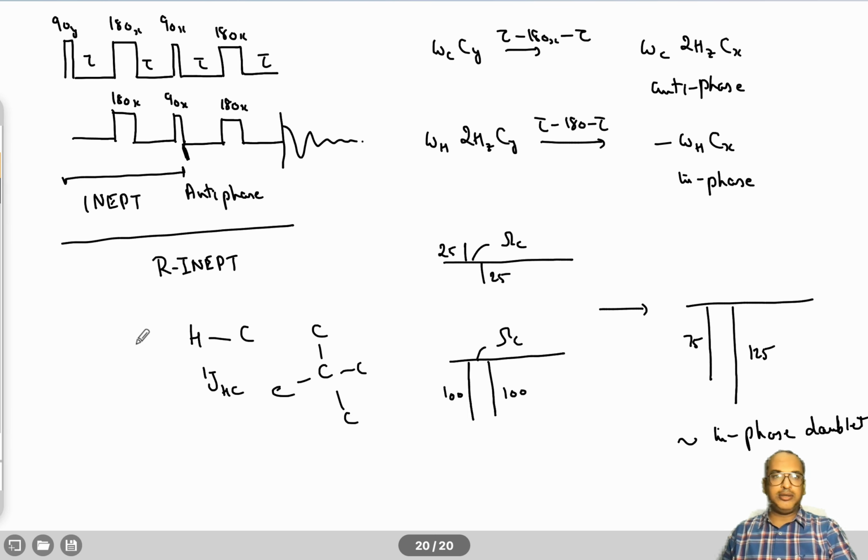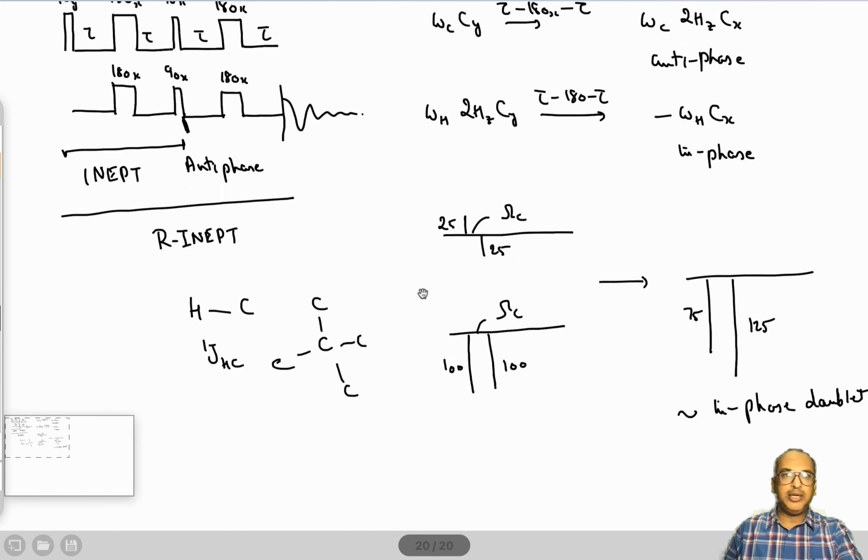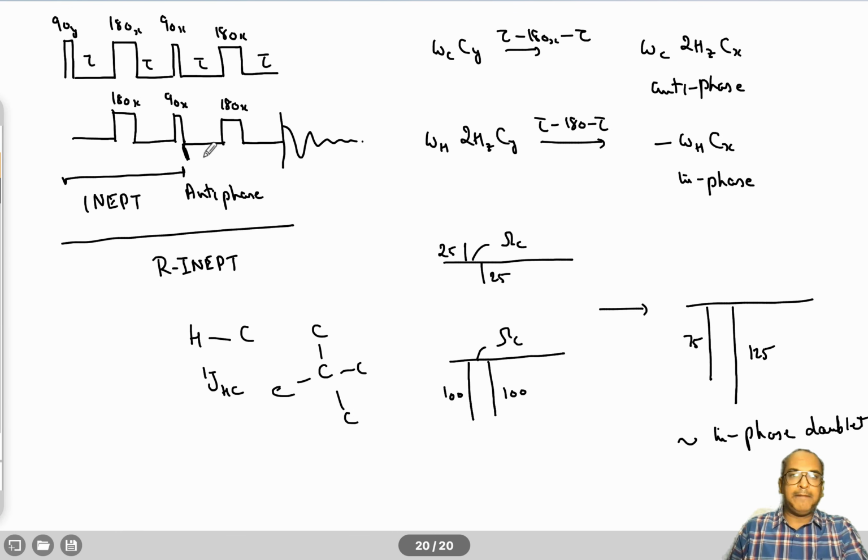I will give you one more home exercise here. In addition to doing this calculation and matching your calculation with the answer, I would also insist you calculate the coherence orders at each step.